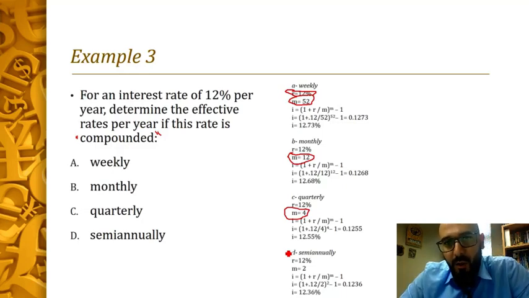As you see, the effective interest rate is higher than 12%. It is close to 12%, but higher because this is the more accurate, true rate. They advertise 12%, but what they actually charge is 12.73, 12.68, 12.55, or 12.36%.